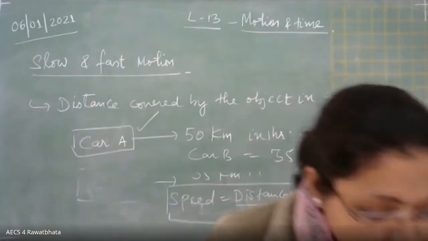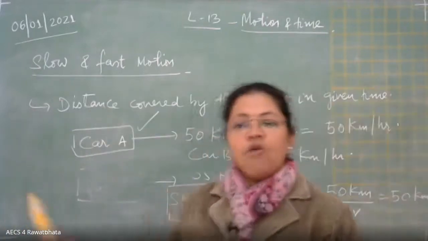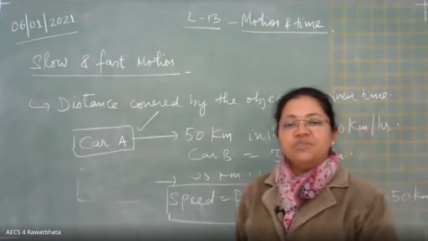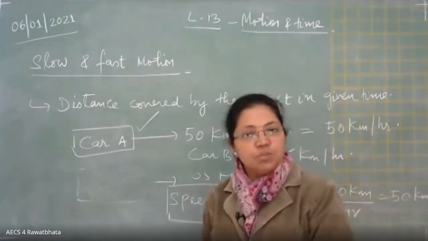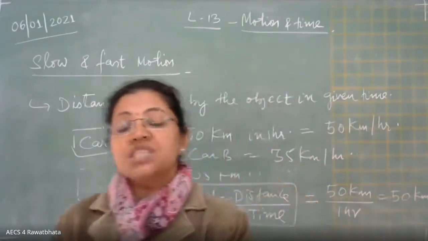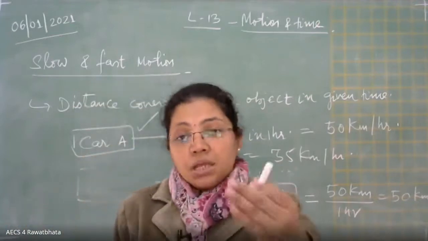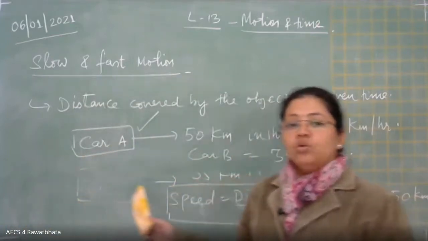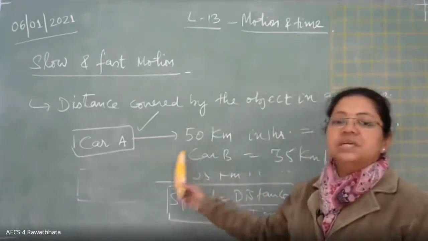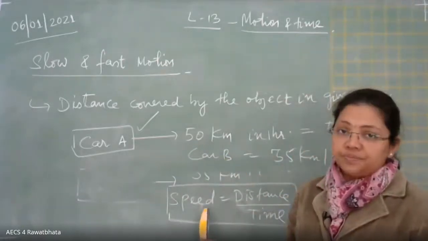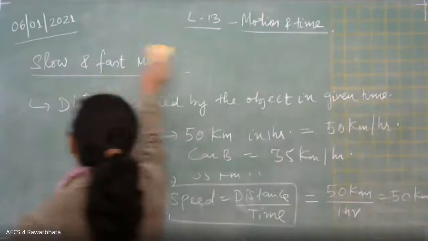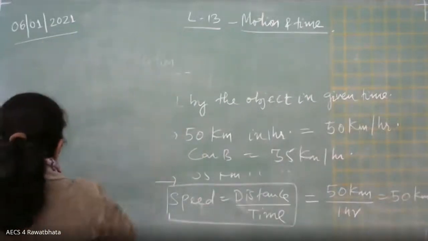Okay. Now here, we know the object with higher speed will exhibit fast motion and the object with slower speed will exhibit slow motion. Now when we talk about this particular physical quantity called speed, then we have got its types also.